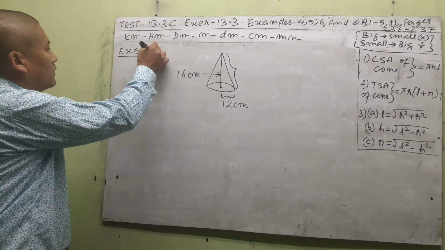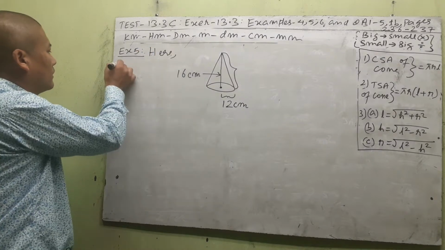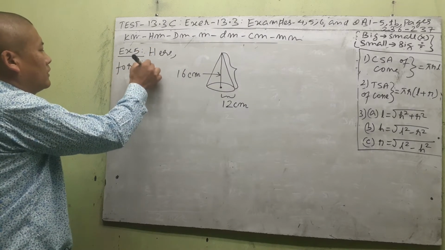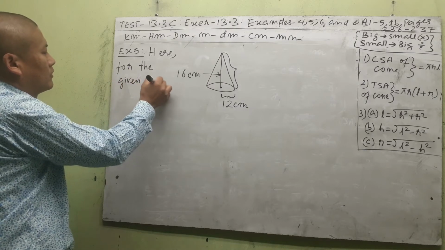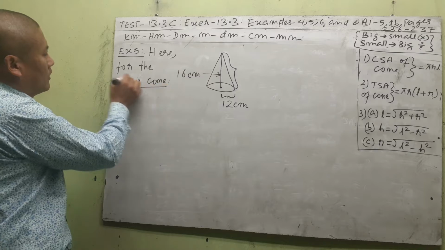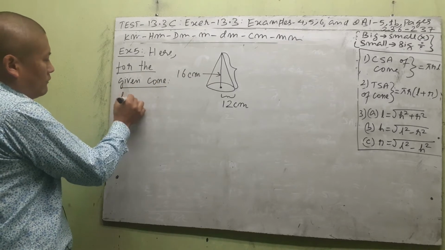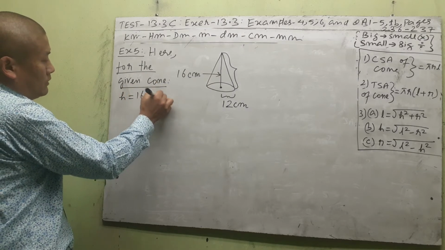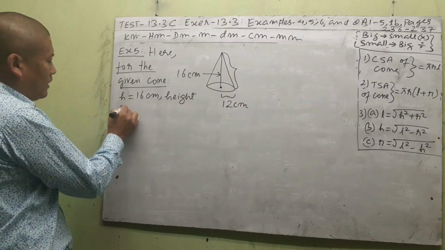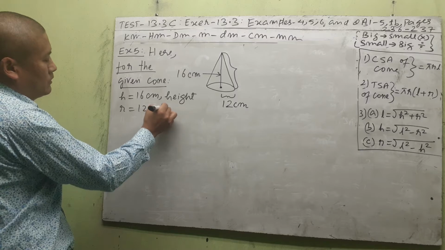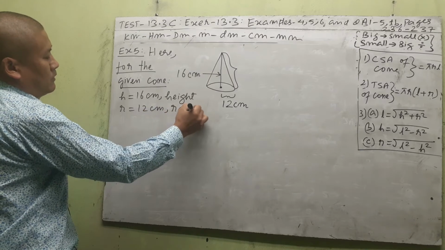So here for the given cone, H vertical height is 16 centimeter, which is the height, and R 12 centimeter, the radius.